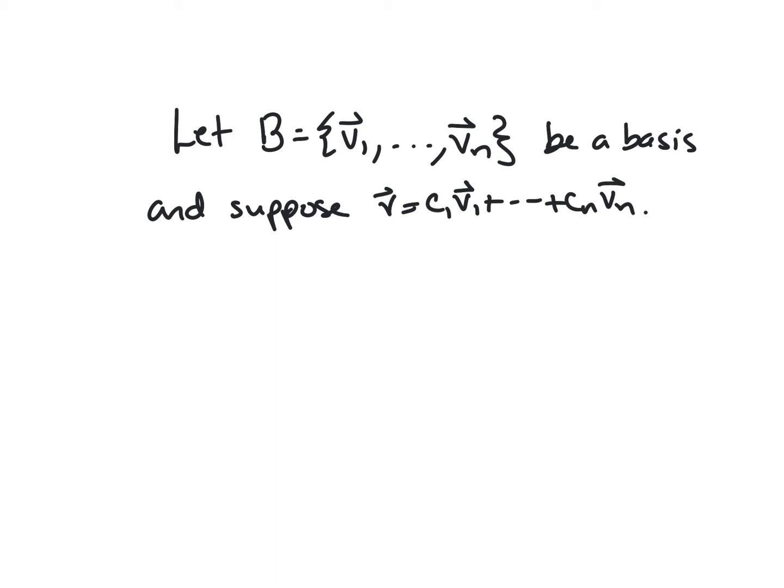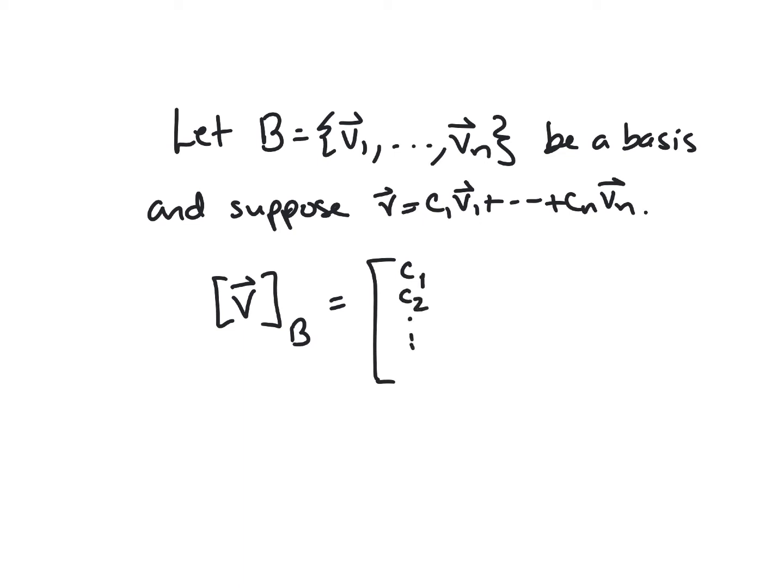And so the vector here, we're just assuming can be written as a linear combination in exactly this way. And so our notation is going to be brackets around our vector, sub b, because it is something that depends on which basis you choose. And it is exactly what I just said. You just pluck off these coefficients.